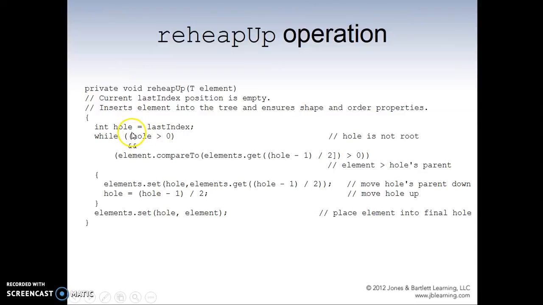Now we're going to have to keep this hole moving up, reheat up. That's based on the condition that we move it up because the element is greater than the parent, and hole minus 1 divided by 2 gives you the parent location.